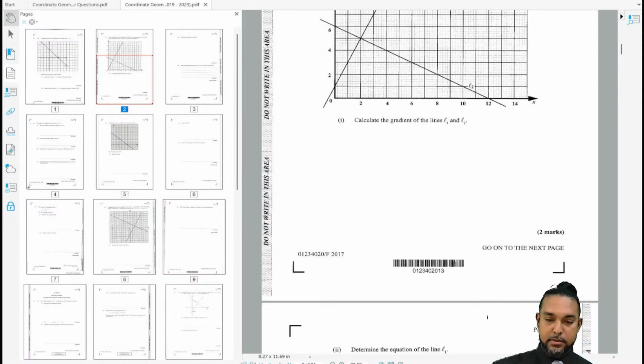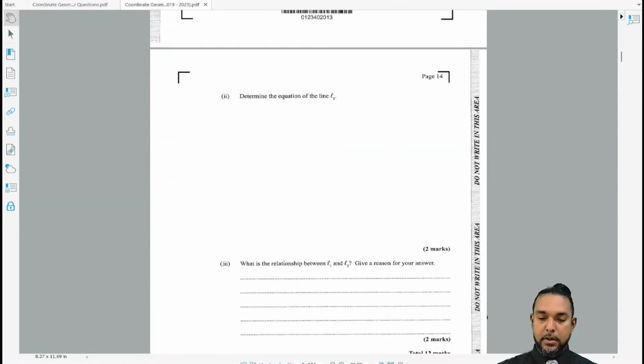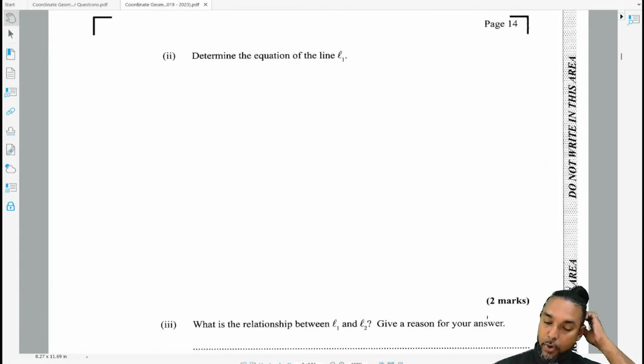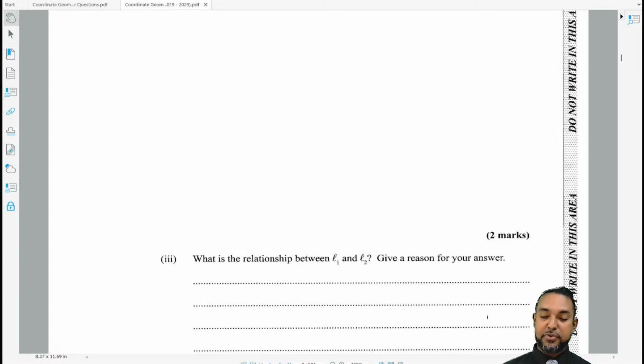They want the equation of line L1 and then the relationship. Let's answer part 3 first. What is the relationship between line L1 and L2?